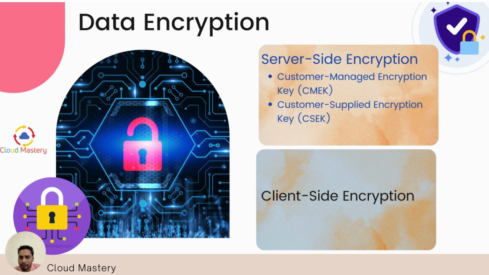There are two ways you can do the encryption: one is server side, another is client side. Server-side encryption happens after Cloud Storage receives your data, but before the data is written to disk and stored. So before it writes the data to a disk, it encrypts it. That's called server-side encryption.